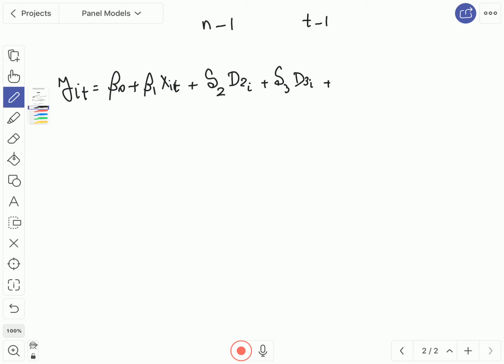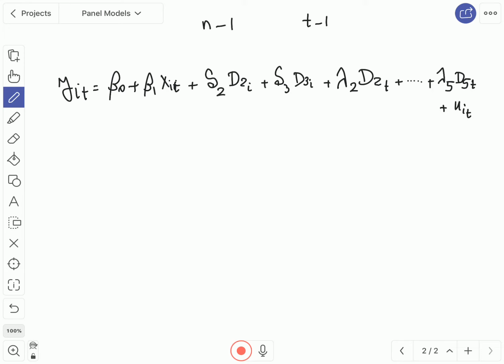So let me use lambda, so it's going to be like lambda 2 D2t, and we keep going until the very last year, which is going to be lambda 5 D5t, and we're going to have an error term as usual.